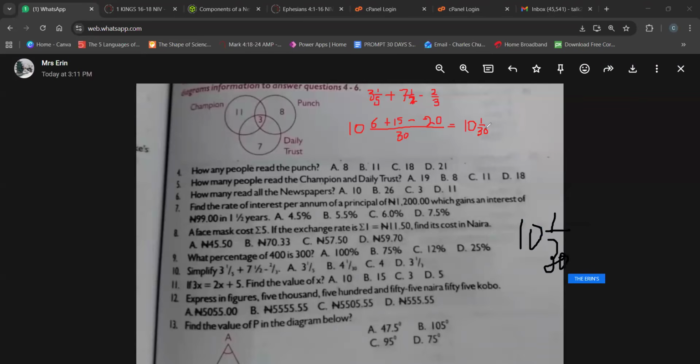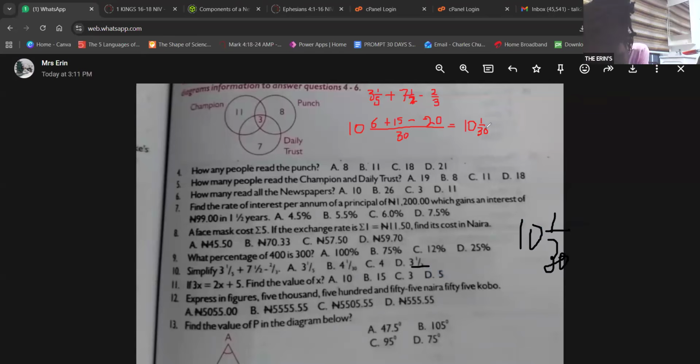Have you written it down in your book? If you say that our answer is not correct, what is the answer? If the answer is not there, does it mean that we are wrong?